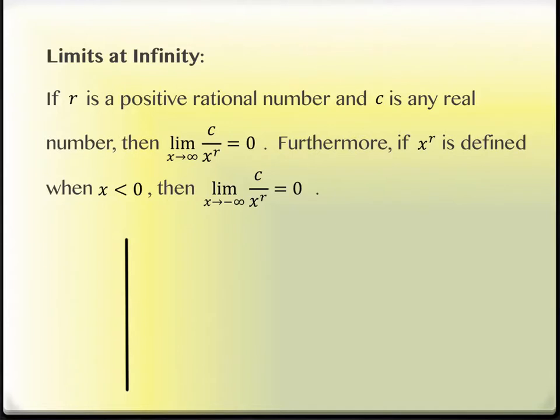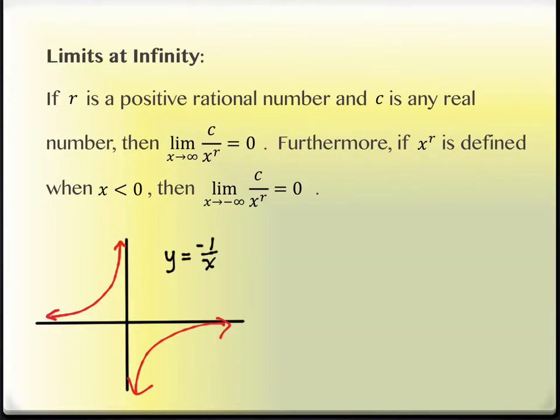Visually, what this is actually talking about is related directly to the previous slides. What it's saying is that if you had a graph that looked like this, and this is roughly the graph of negative 1 over x. A couple of things. First of all, do you see a horizontal asymptote?